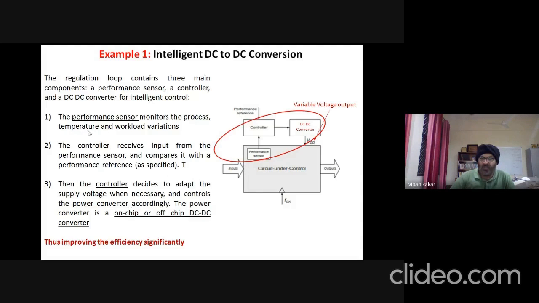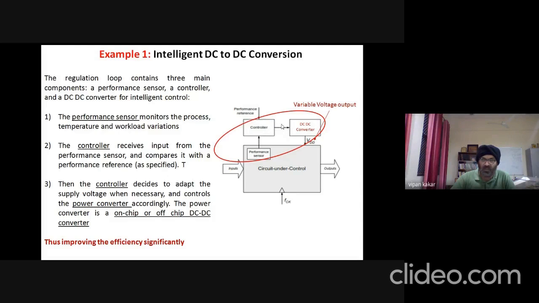So due to the temperature variation, the process variation happens. And due to the workload variations, the temperature variations happen. So they are all interrelated to each other. The performance sensor senses all these variations and then sends a signal to the controller, which then, based on the input from the sensor, decides and sends it to the DC to DC converter.